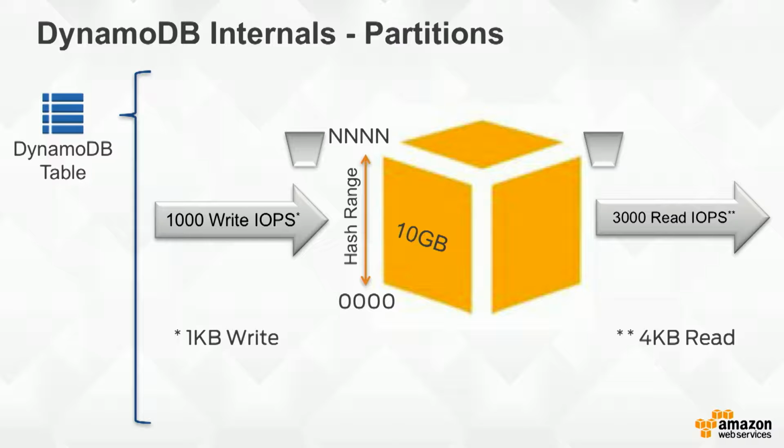So you'll get a partition for every 1,000 write IOPS, 3,000 read IOPS, or 10 gigabytes of data. Full stop. And those are fixed ratios that you can't change. But as your database grows, then we will repartition that under the hood. If you want to add capacity, we will just horizontally scale that table across multiple partitions. And then a partition is hosted on multiple availability zones.